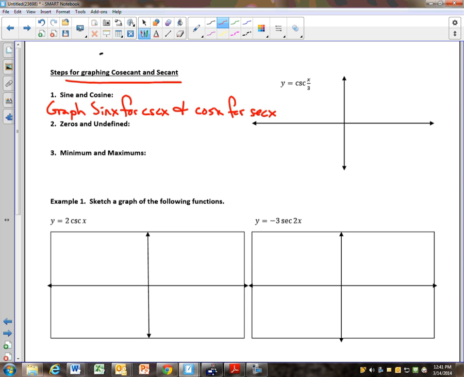We chose sine and cosine for the appropriate functions that they were related to. And we decided to draw vertical asymptotes at the zeros.